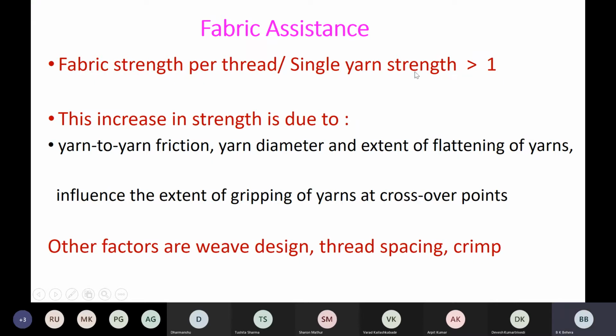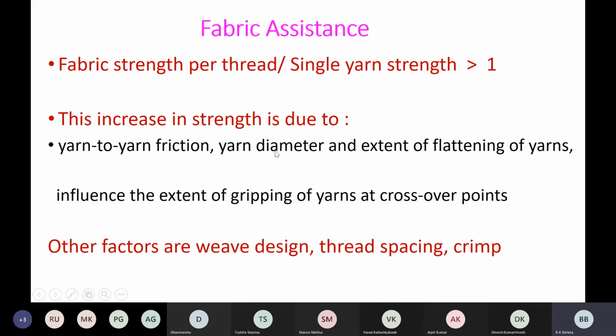This fact is called fabric assistance, and it occurs due to some parameters or reasons mentioned here. Number 1, yarn to yarn friction. We call it inter-yarn friction. It is basically the friction between warp and weft, or even between warp and warp or between weft and weft. As you know, friction is basically a function of contact area.